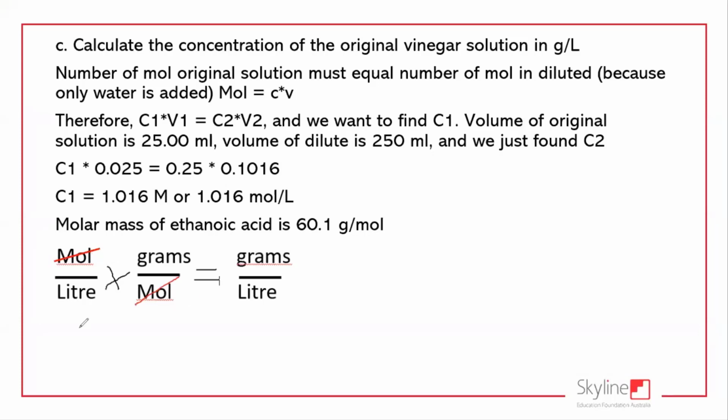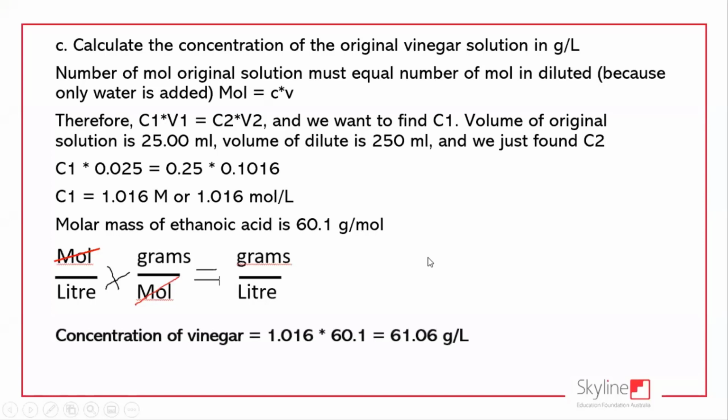So concentration times molar mass gives us grams per litre. So the concentration of the vinegar equals 1.016 moles per litre times 60.1 grams per mole, gives us 61.06 grams per litre. That is such a tough question.